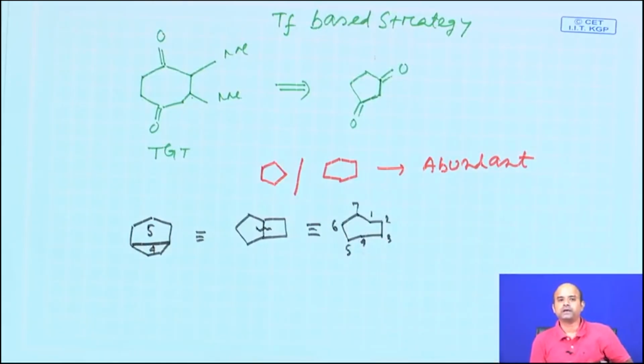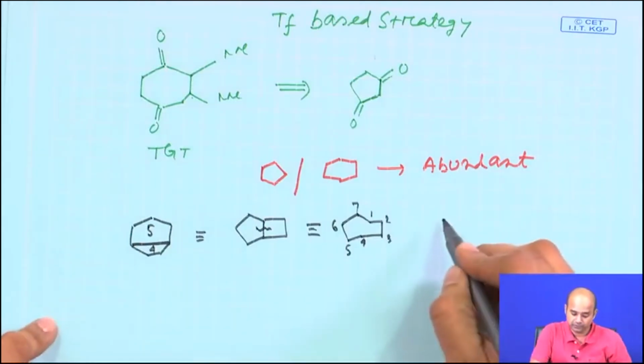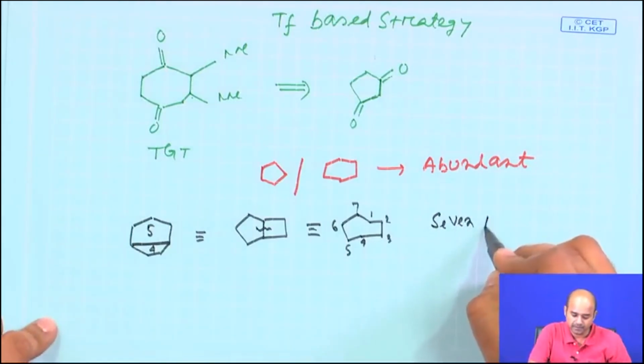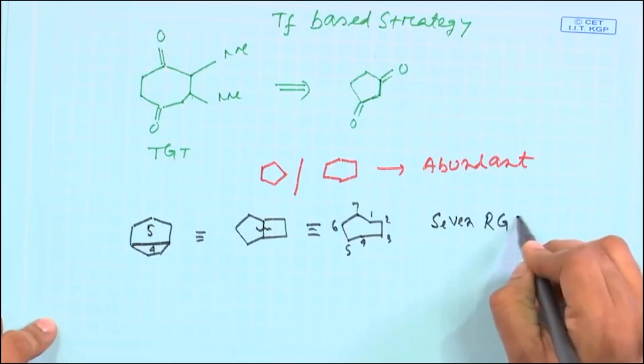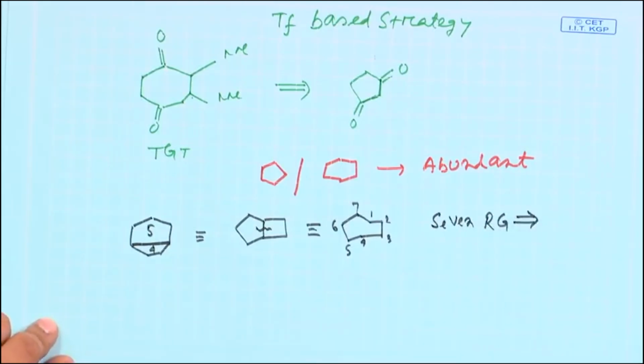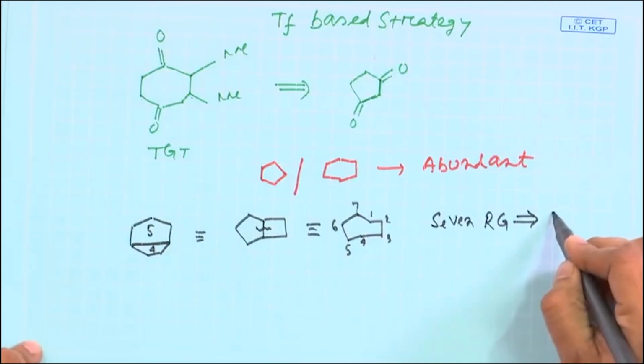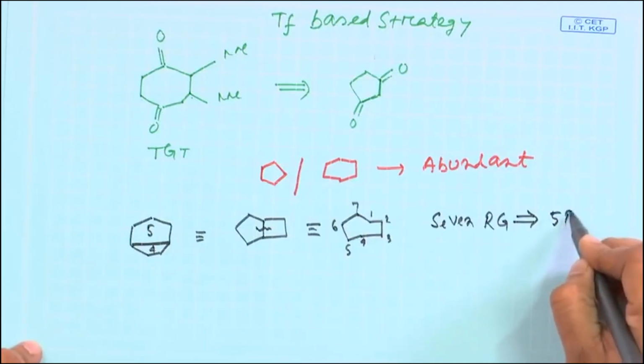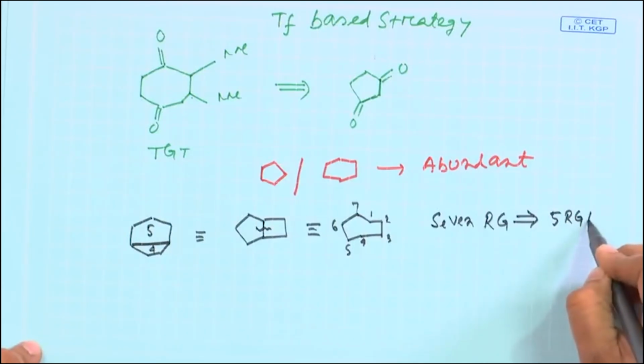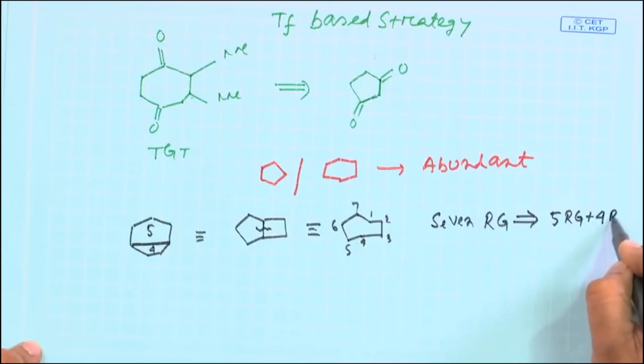So, in principle this kind of strategies are very useful. So, a 7 member ring can be a potential target if you have a 5 member ring plus a 4 member ring fused together.